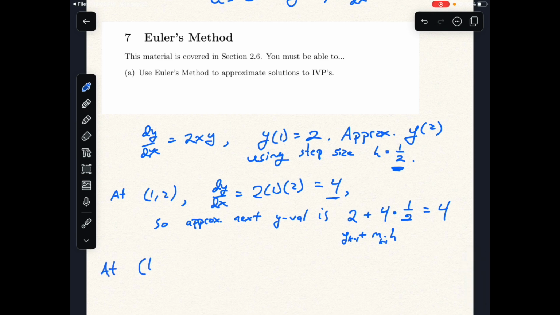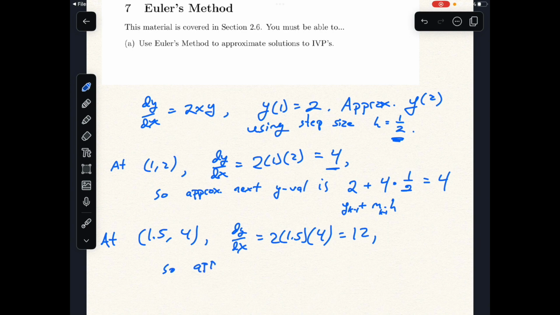So our next point would be (1.5, 4), because we increment our x value by half, and then we figure out what our next y value would be. And then at that point, your slope is going to be 2 times the x value times the y value. So that's 2 times 1.5 times 4, that's 3 times 4, that's 12.